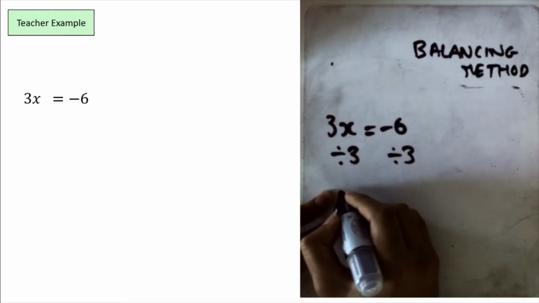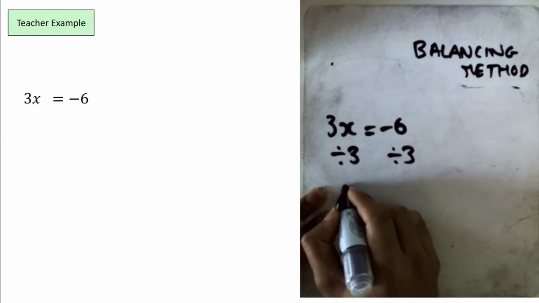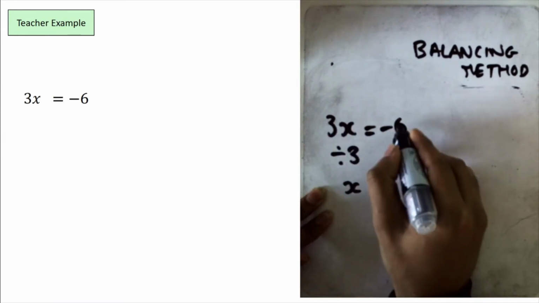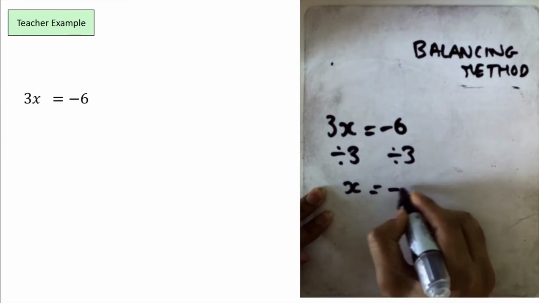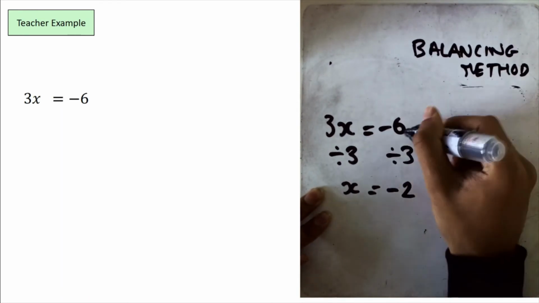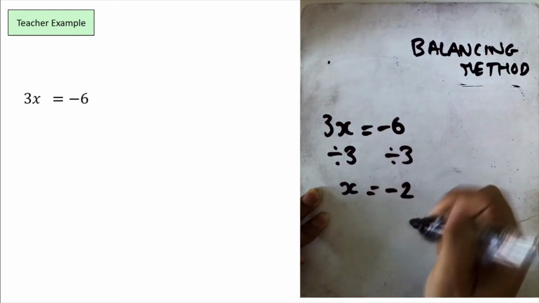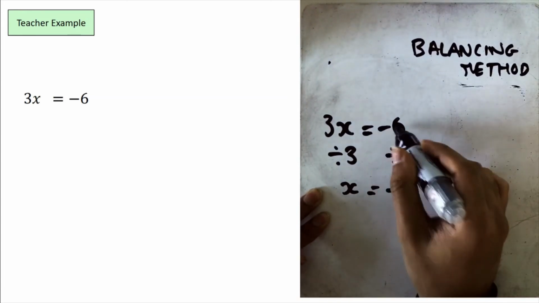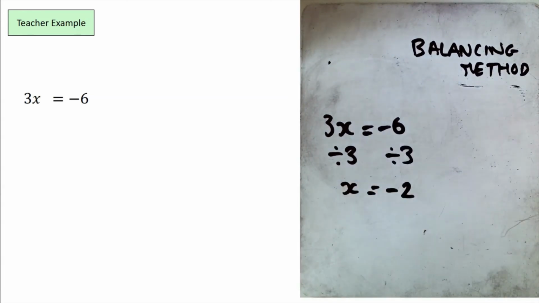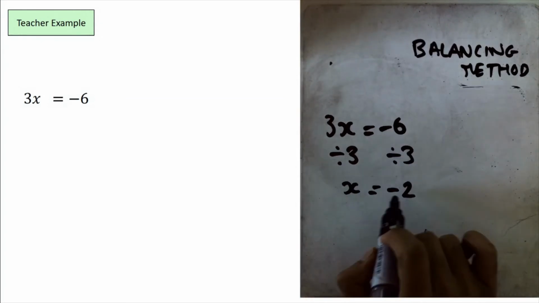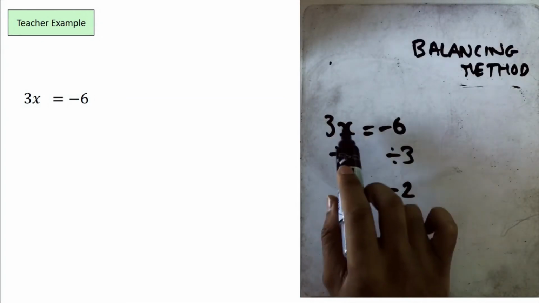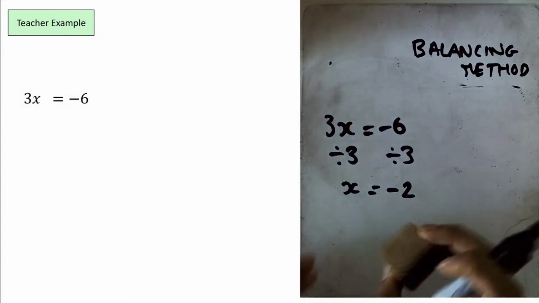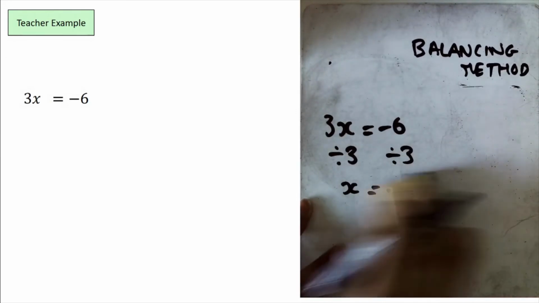This will leave us with 3x divided by 3, which is x. Negative 6 divided by 3 is negative 2. Because we know that 6 divided by 3 is 2, so negative 6 divided by 3 is negative 2. And we can check if we were correct by putting in there 3 times negative 2 is negative 6. Good.